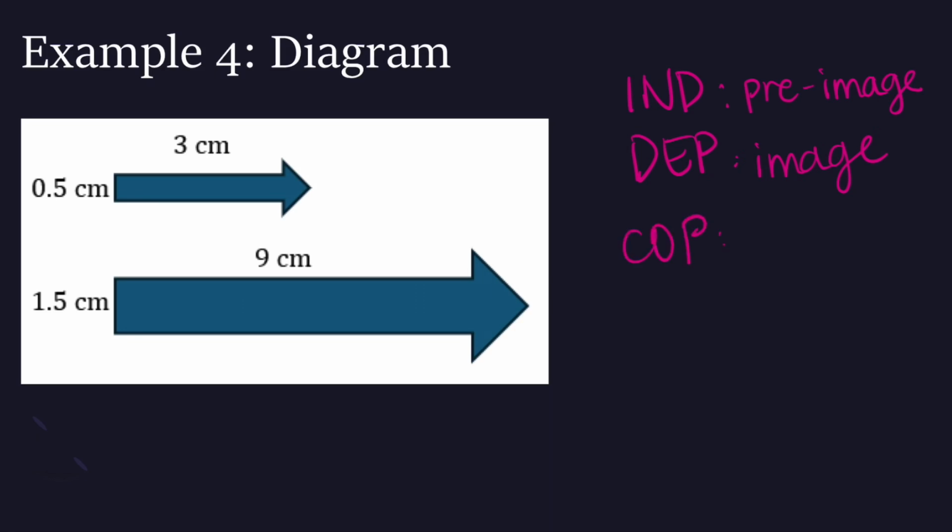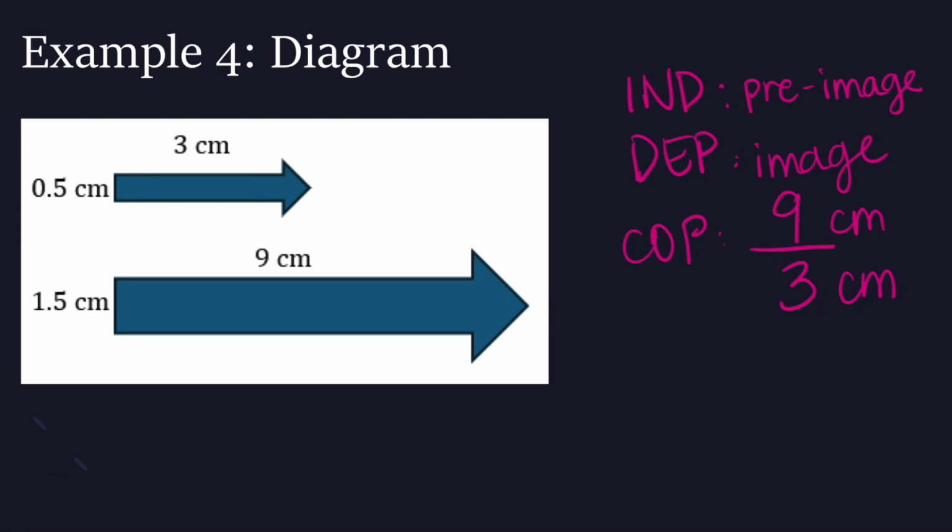And then I have my constant of proportionality. So the pre-image refers to whatever comes first, whatever we started with. In this case, it's just going to be whatever was on top. So my pre-image here, we'll just use the 3. So that would go on the bottom. And the top is 9, and they're both in centimeters.